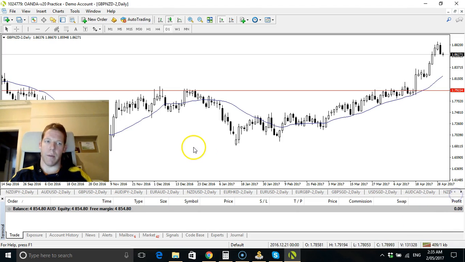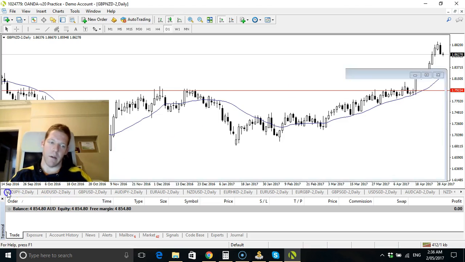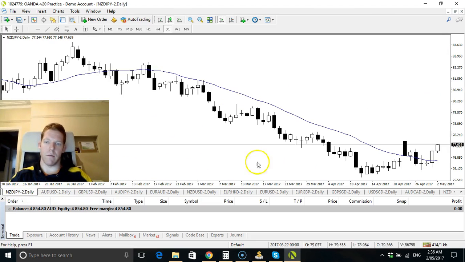If the pound strengthens, that's going to mean the pound Kiwi will go down, which is not really what I want. And then if the Kiwi strengthens, it's going to bounce up. But they're not so strongly correlated that it's a huge issue for me.